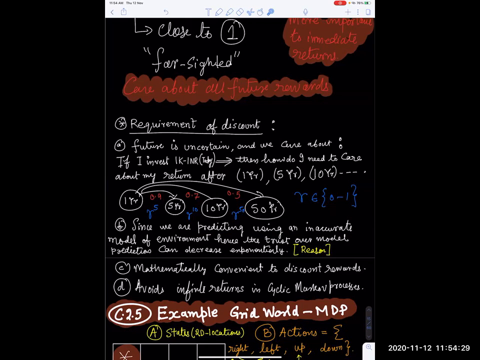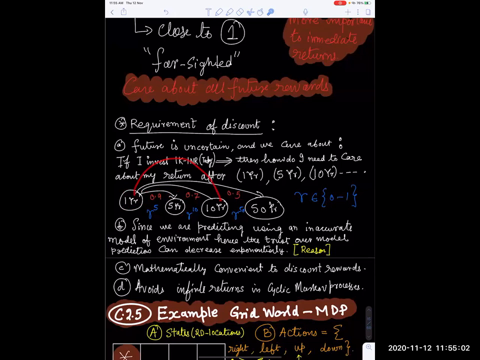And if that is the case, it is not that at year number 1, if I invest 1000, I want to give more and more weightage to what I'm going to get after 5 years or 10 years. No, for what I'm going to get in 5 years, I give more weightage. 10 years I'll give less weightage, or 50 years I'm giving even lesser weight. If everything is uncertain, then initially if you have 1000, some guy will say that after 5 years, I'm going to convert it into 5000.